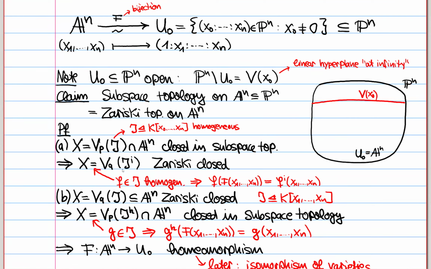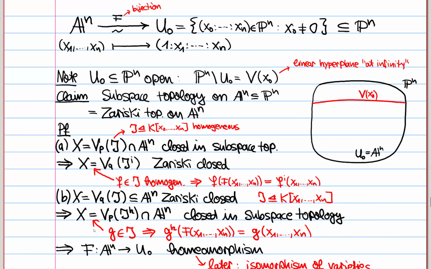So that's one part. The other part is also not super hard. So let's start with something in An which is closed, so which is cut out by some ideal J inside k[x1,...,xn]. Then the claim is X is the intersection of this closed set in Pn, so just the homogenization of J, intersected with An.